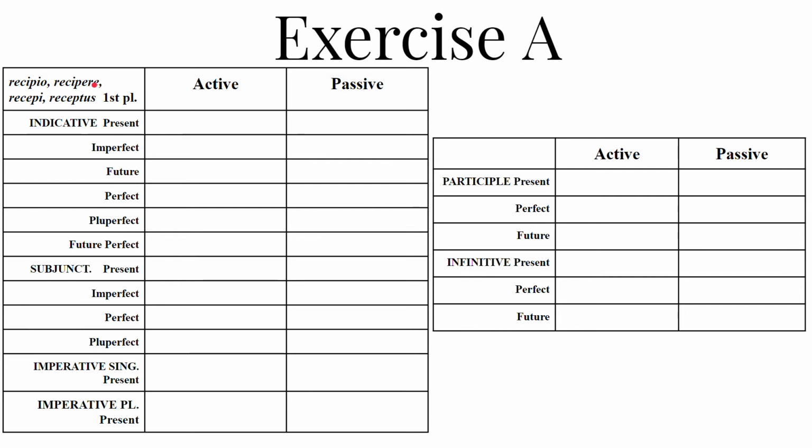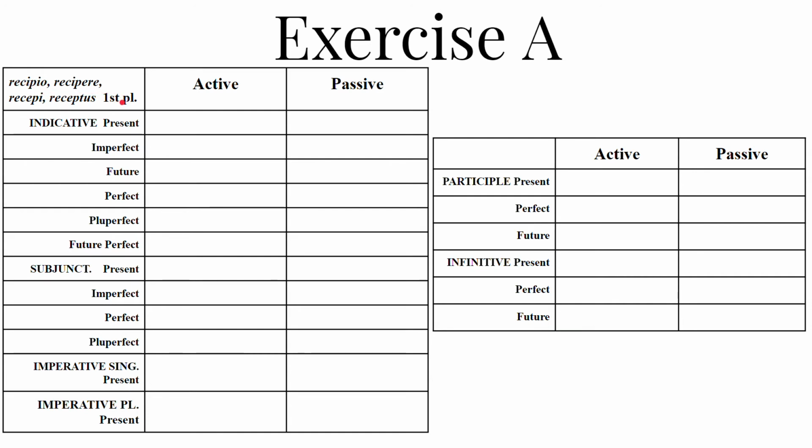Its present stem, like the third, is found by chopping the O off of the first principal part. So the present stem will end in an I, always: recipi. If you have a present stem and it does not end in an I, you do not have a third IO. It's a trick. All third IO's present stem must end in the letter I: recipi.